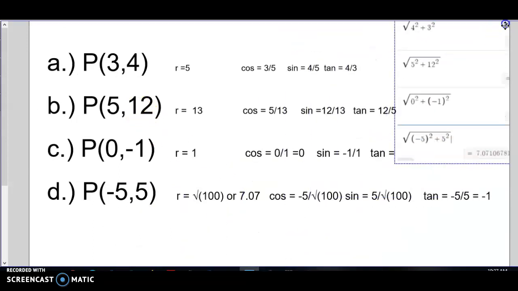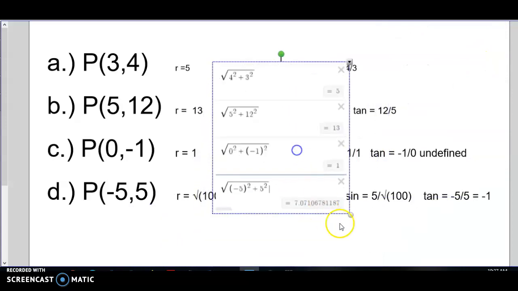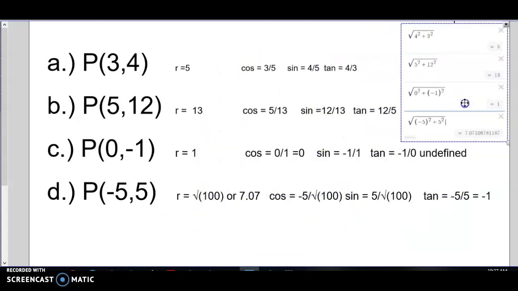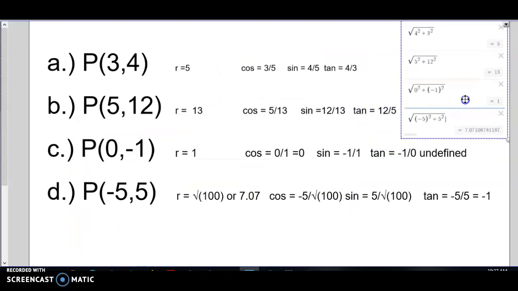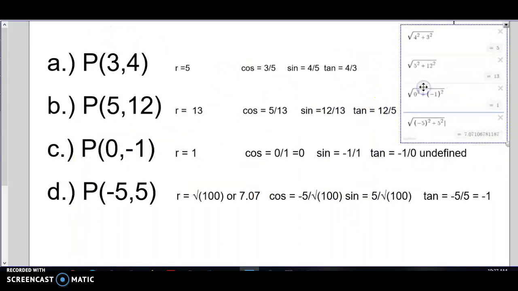I'm going to put this up so everyone can see it. If you're on a phone, this is going to be hard to see though. But that's the math I used. I did x squared plus y squared. I think I switched these two. It doesn't really matter the order if you switch them. Okay, that's it. Great job today.